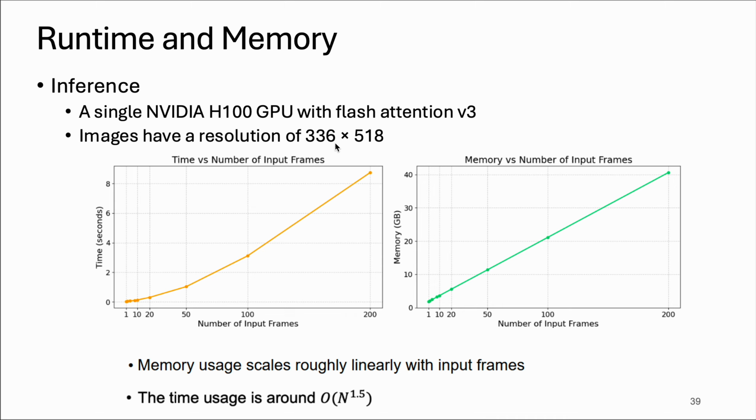Like we mentioned previously, it's not a high resolution image, it's only a small 336 by 518. Overall, the memory usage scales roughly linearly with the input frames, and it can handle even 100 frames. Time usage is around O(N^1.5).